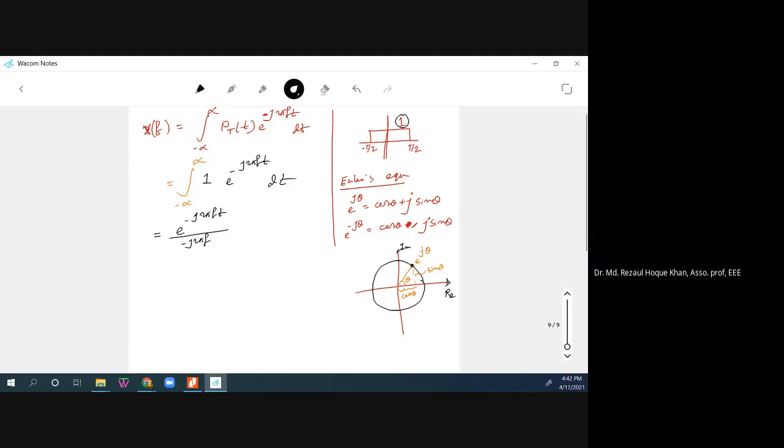So d by dt of t will be 1, so we are not writing it. It has a limit from plus T by 2 to minus T by 2, which is our duration.